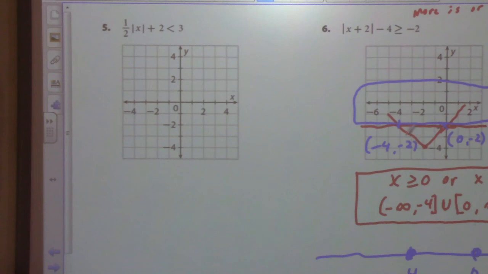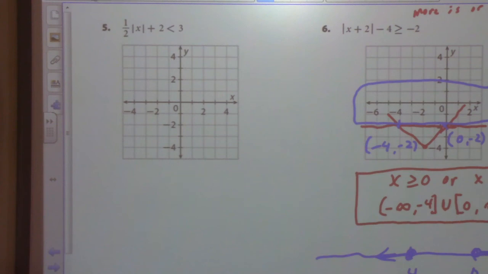Because we can see those are solutions, right? And the only question now is, is this going to be between those numbers or outside of those numbers? Well, the greater than tells you we're going to be outside of those numbers. So that's what it'll look like on a number line. I don't know what else to tell you. Is that going to be okay? I got it.